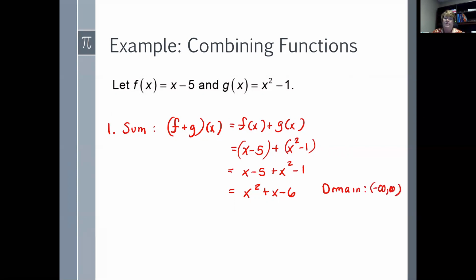All right, let's find the difference function. To find the difference function, and the notation we use is f minus g of x, I'm going to subtract g of x from f of x.